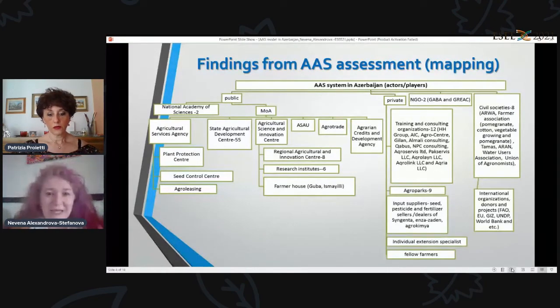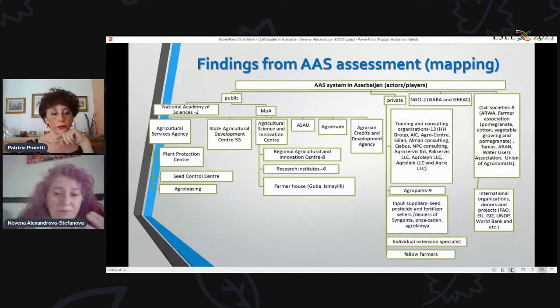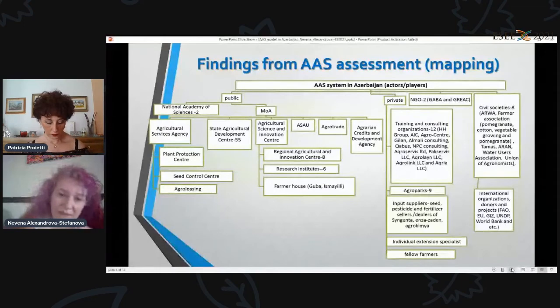So the research actors are not interacting, although agriculture research in Azerbaijan is quite improved, and it has something to offer to national stakeholders and to farmers, but still it is not there because of missing interactions with extension services and other actors.